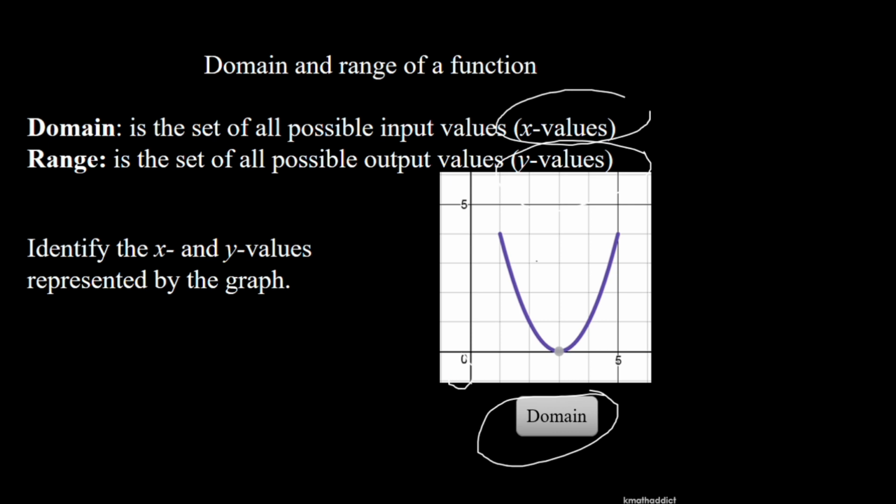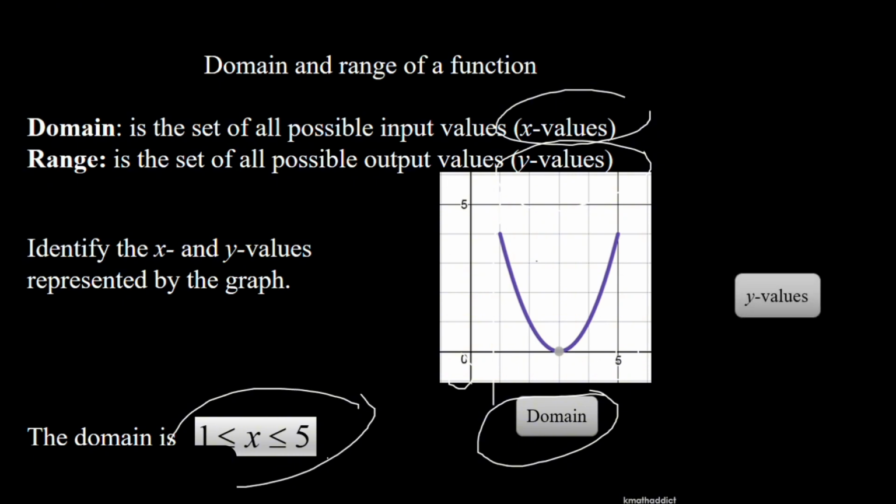That is from 1 to 5, because the graph starts at 1. That is the domain. Move to the range. That is the y-axis, from 0 to 4.